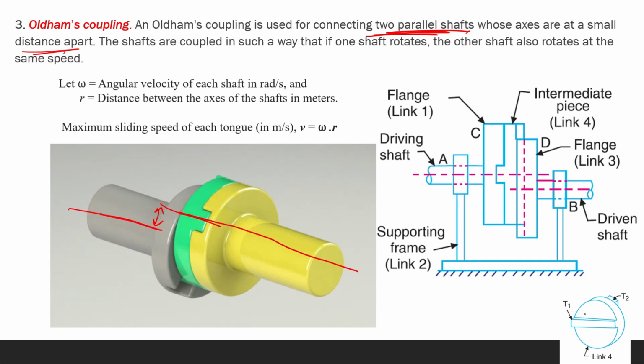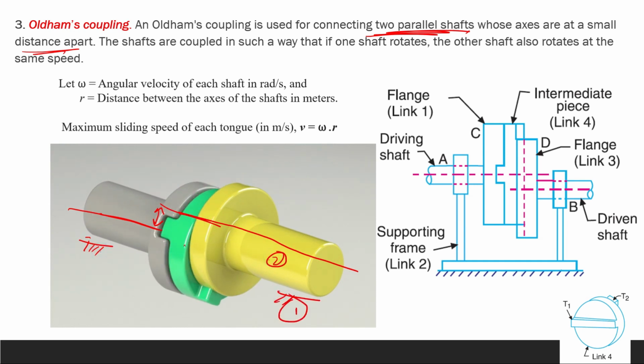So here you can see there is some link. There is a fixed link also, like this. So the fixed link is 1, this is called 2, this green color is the third link, and this is link number 4. So 4 links are there. This green color link has some projections like this.